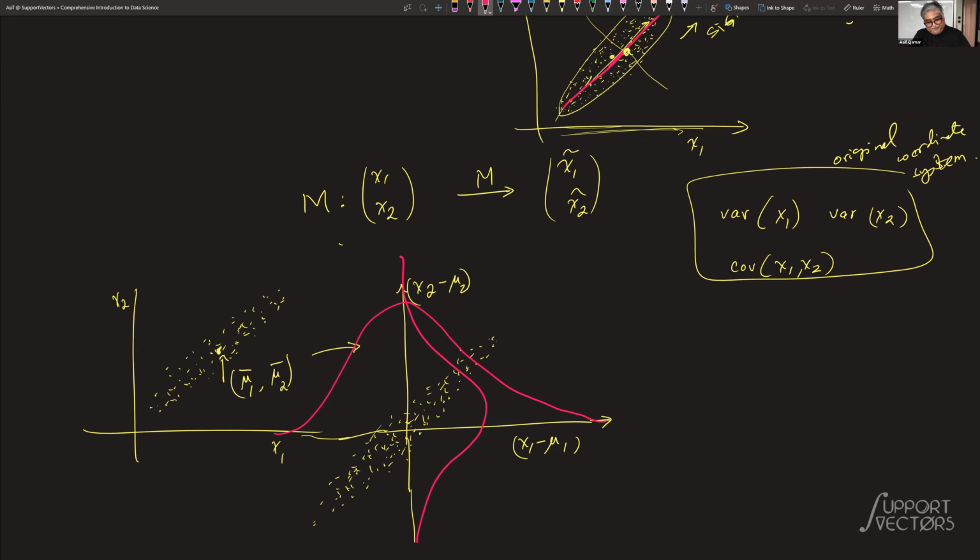Two bell curves, along x1 and along x2. Do you agree, guys? If I project this data down to the x1 axis and the x2 axis, I will get two bell curves, more or less, as histograms, as frequency plots.